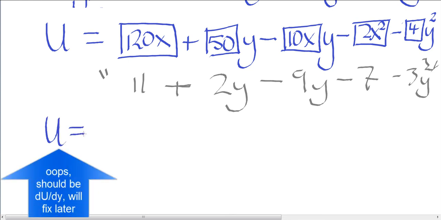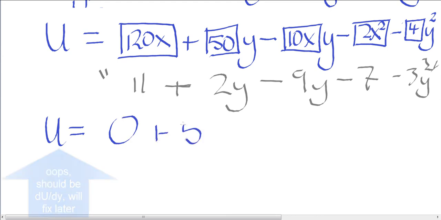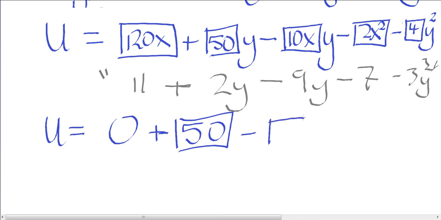So differentiate a number or a box on its own, just left with 0, plus 50, plus the box on its own here, minus just the box on its own again, 10x, because if we were differentiating minus 9y, I would just say minus 9 is left over. So minus box y, minus box is left over.